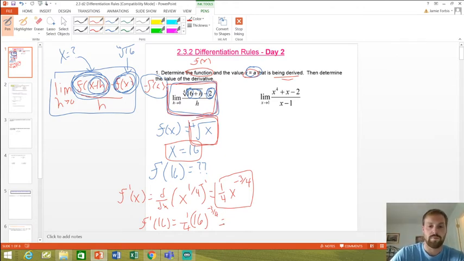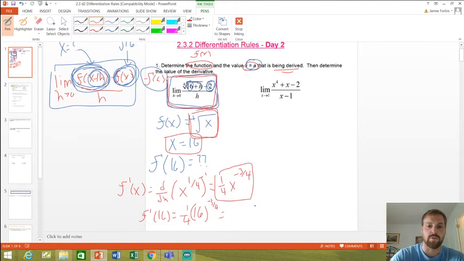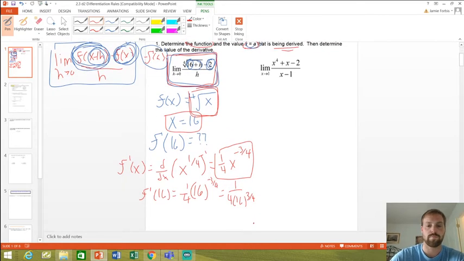This is equal to 1/4 times 1 over 16 to the 3/4 power. Just the FYI, if I'm doing 16 to the 3/4 power, that's taking the fourth root and then cubing it. The fourth root of 16 is 2. 2 cubed is 8. So I got 1 over 4 times 8, or 1 over 32 is my final answer.